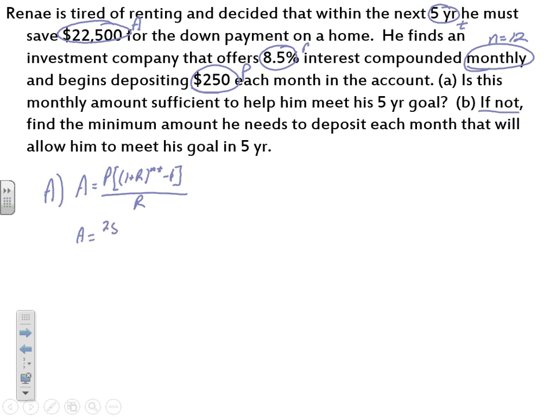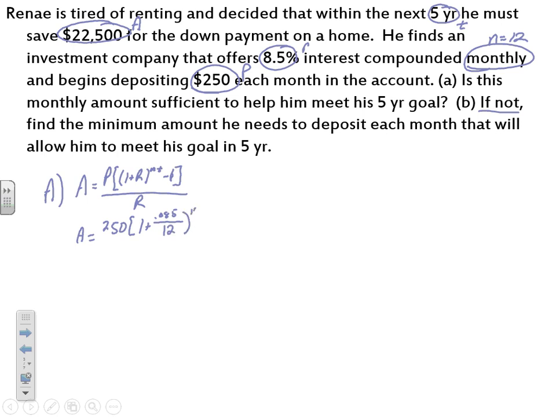So the principal amount that he's paying each month is $250. The ratio of his interest rate and the number of times it's compounded: his interest rate is 8.5%, so as a decimal, that's 0.085, divided by the number of times that he's paying it, in this case 12.